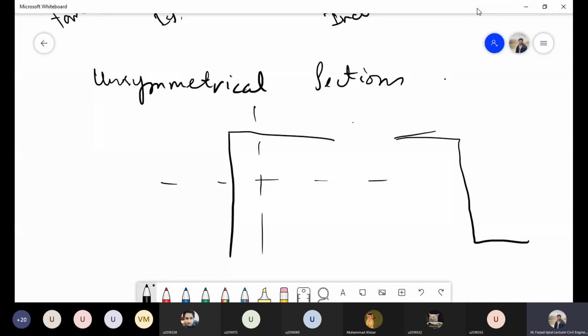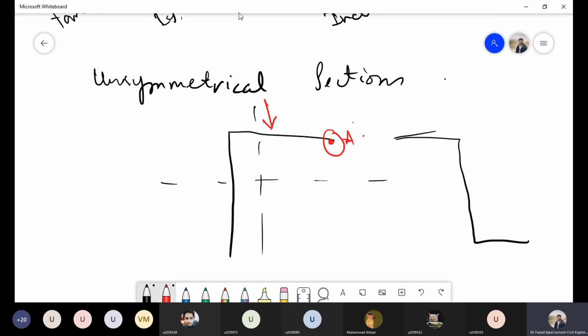If these two are the centroidal axes and we are provided with a load acting through the centroid, and we are supposed to calculate the bending stress at this particular point A, I cannot directly apply the flexural formula, because the flexural formula is applicable when the moments are on the principal axis.